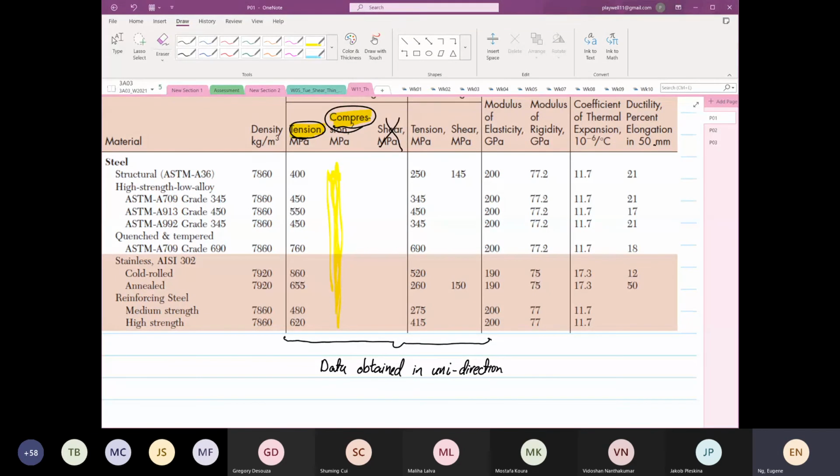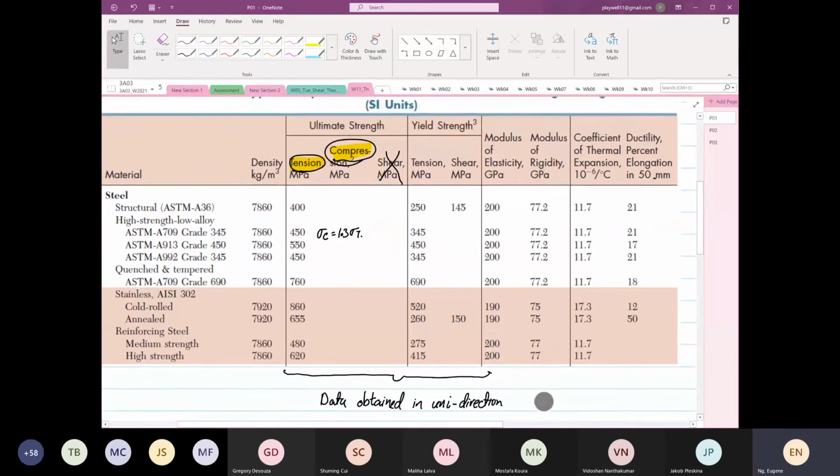But in general, we will say that the stress in compression is about 1.3 times that of tensile. So materials can withstand higher compression load compared to tensile.